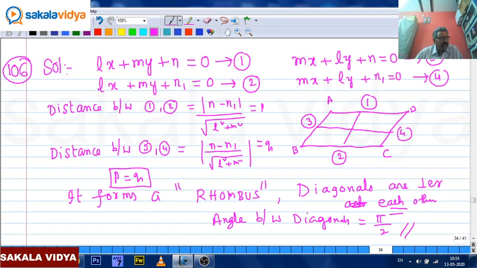Diagonals may not be equal, but in a rhombus the diagonals are perpendicular and as well as bisect each other. That means in a rhombus like this, these are the diagonals. Diagonals may not be equal, but they are perpendicular. In a square, sides are perpendicular.